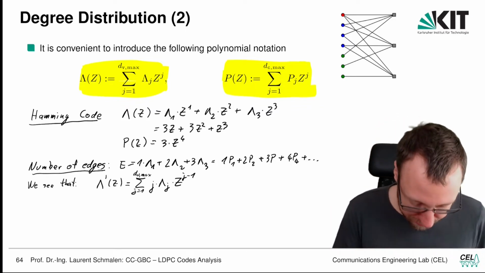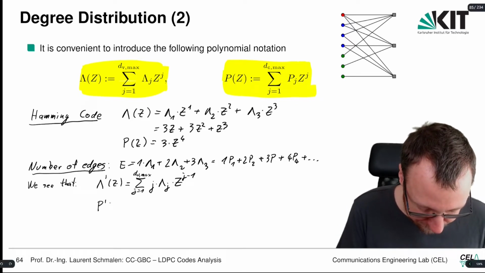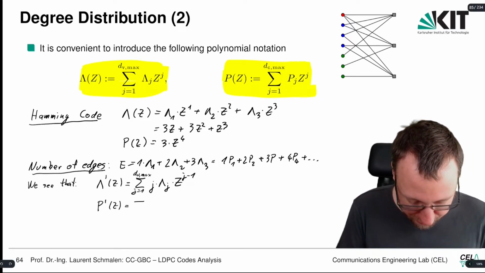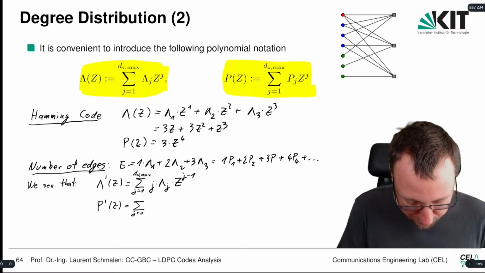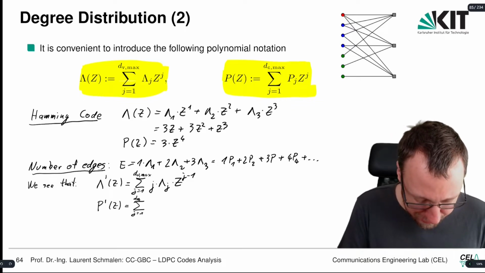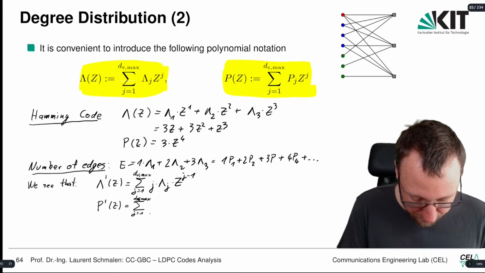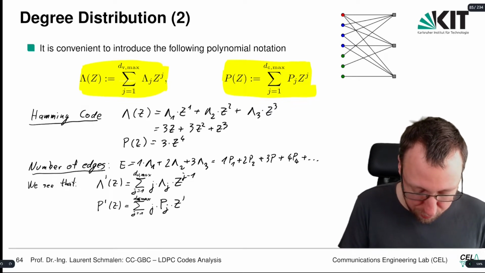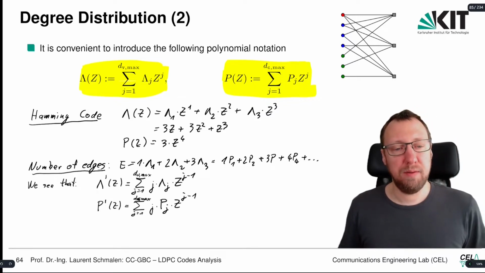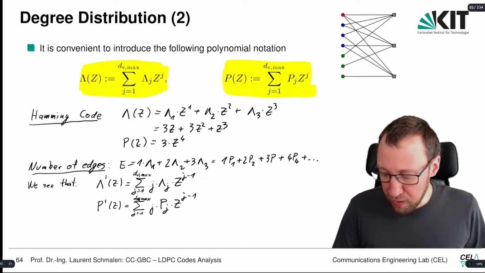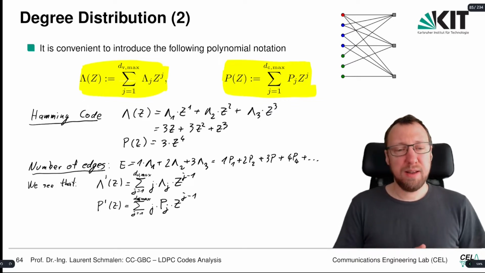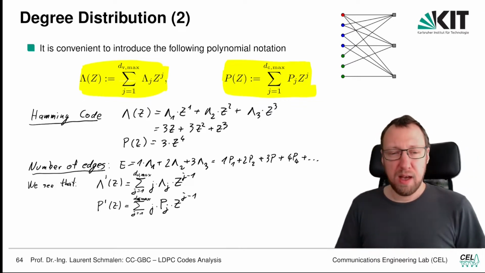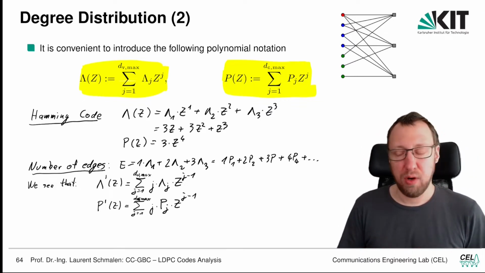And we see that P prime of Z is again equal to the sum from J equals 1 to dc max of J times Pj times Z to the power J minus 1. So now we can express the number of edges also in terms of the polynomial.